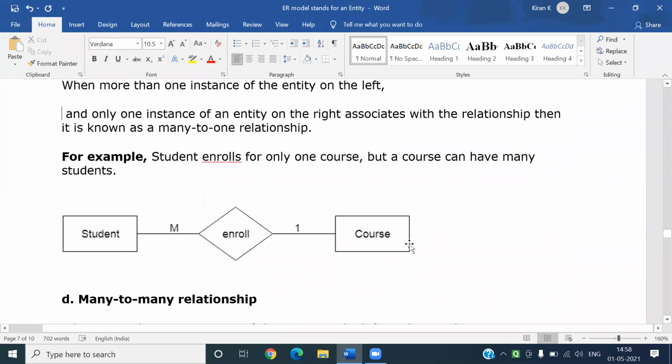One student enrolls for one course, another student also enrolls for the same course. We can say all students of CSE enroll for the BTech CSE course, something like this we can write.